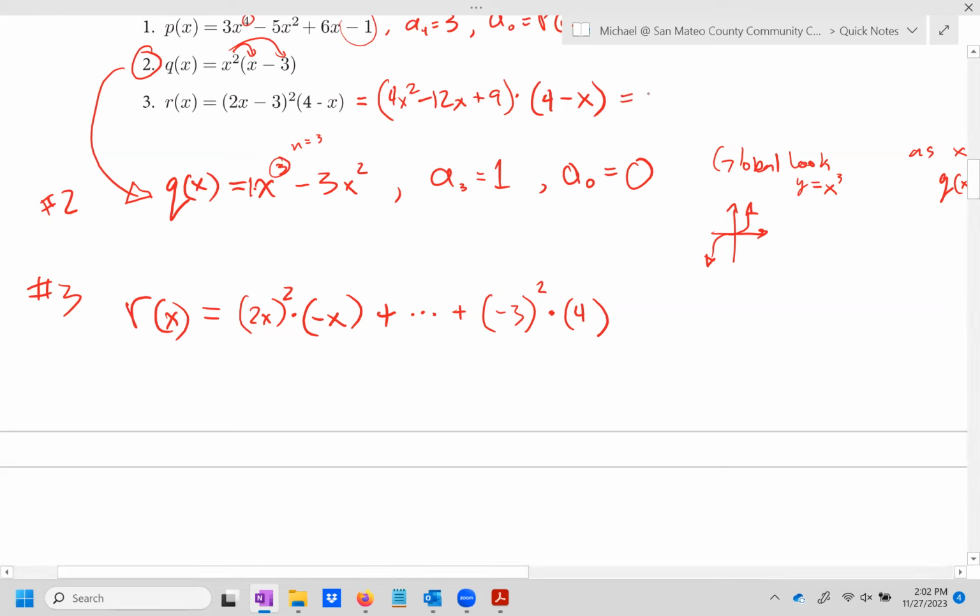Okay, this is going to equal, multiply everything by 4, 16x squared minus 48x plus 36, and then I'm going to multiply everything by minus x. Then it's going to be minus 4x cubed plus 12x squared.